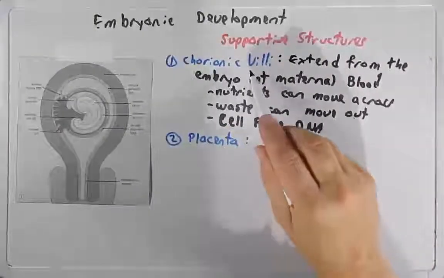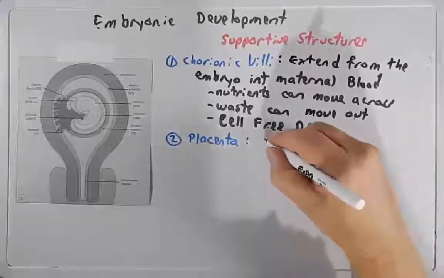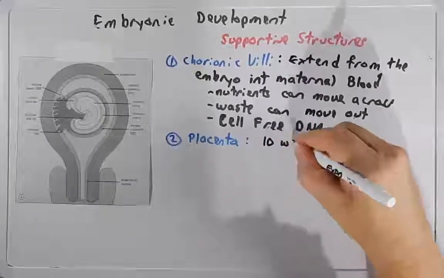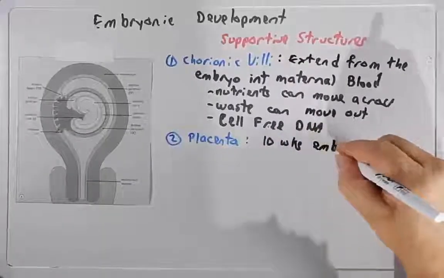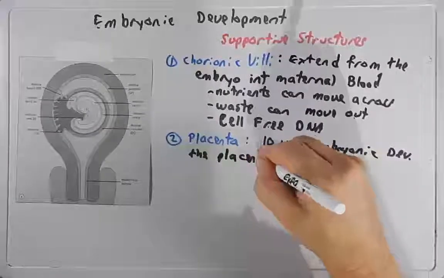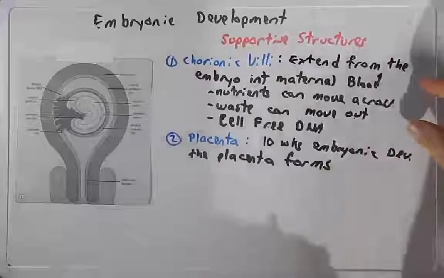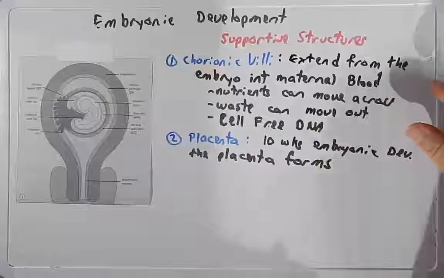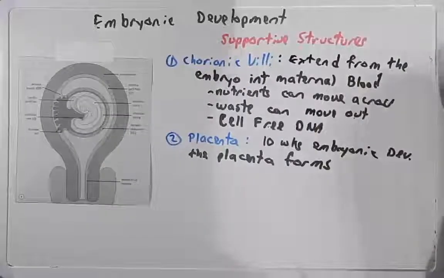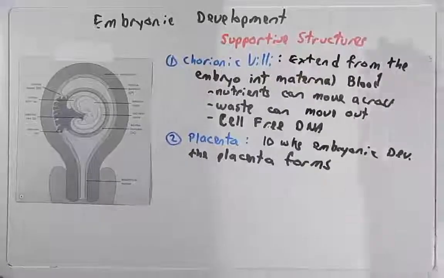So what happens is that as the embryo matures, the chorionic villi becomes the placenta. So around 10 weeks of embryonic development, the placenta forms. It is much larger than the chorionic villi by themselves, so it can handle much more nutrient transfer, and it also will begin to secrete hormones as well.